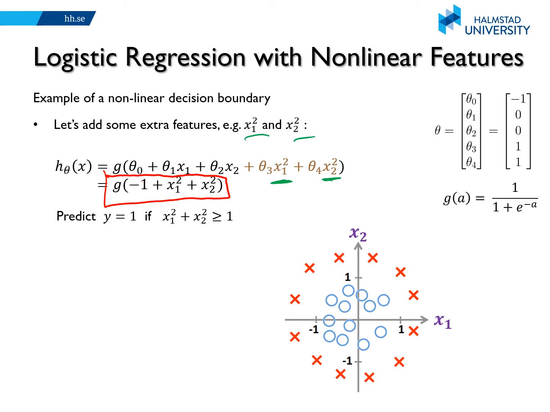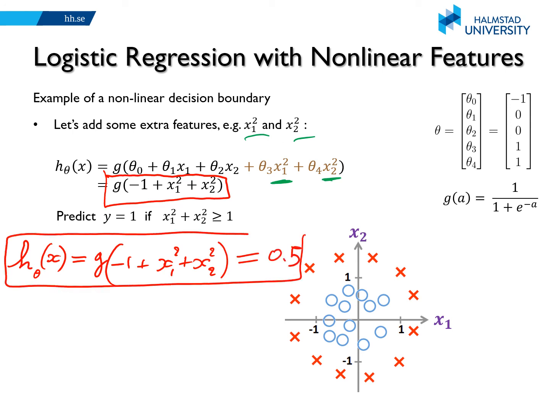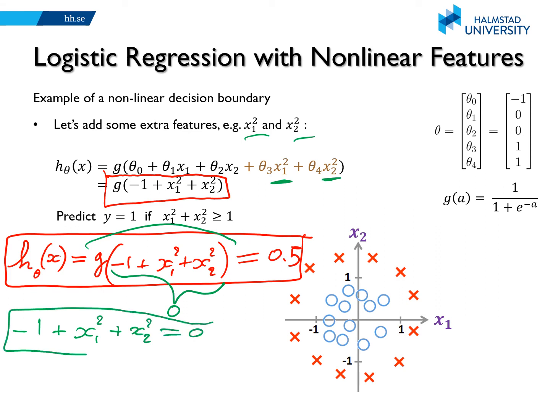We said previously that the decision boundary is where the predicted probability is equal to 0.5, right? So h of x equals 0.5 defines our decision boundary. And this equals 0.5 when the argument of g is equal to 0. So we have -1 plus x1 squared plus x2 squared equals 0, so basically x1 squared plus x2 squared is equal to 1.